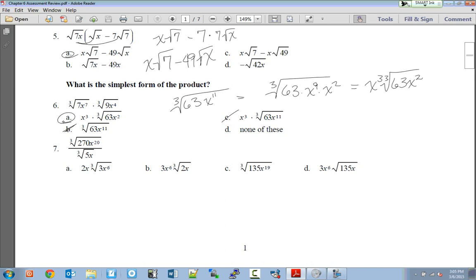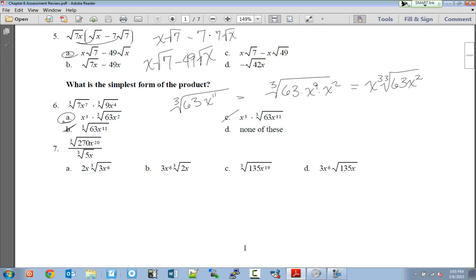Now number 7. Neither 270 nor 5 are perfect cubes. So what we want to try to do is divide 270 by 5 to see if we can come up with a perfect cube.